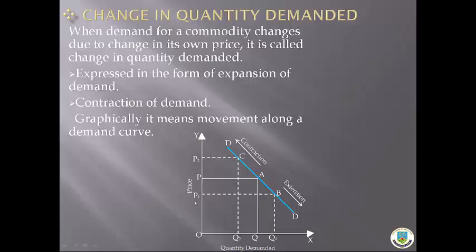When price increases to OP2, quantity demanded decreases to OQ2. Why is it called movement along the demand curve? Because the curve does not change, and DD is the demand curve.